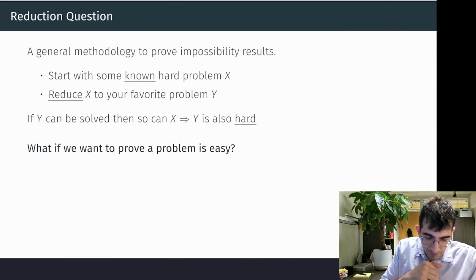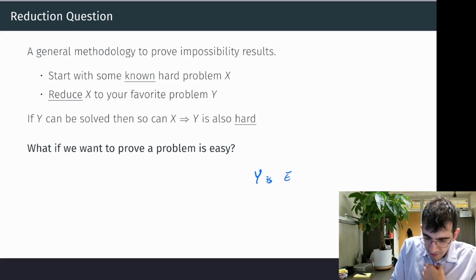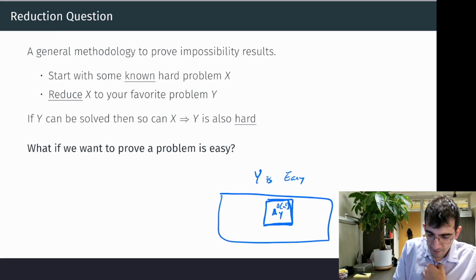So what if we want to prove a problem is easy? We actually just discussed this: if we have a problem, let's say y is easy, then it has some polynomial time algorithm A_y that runs in O(n^k). Then we just envelop that into the algorithm of x, and then we could do whatever.